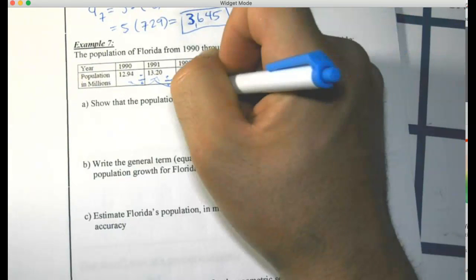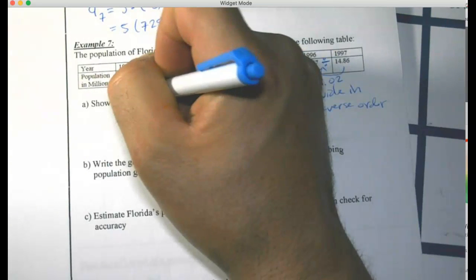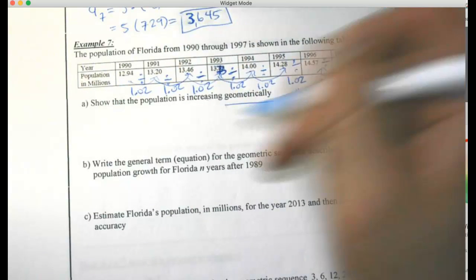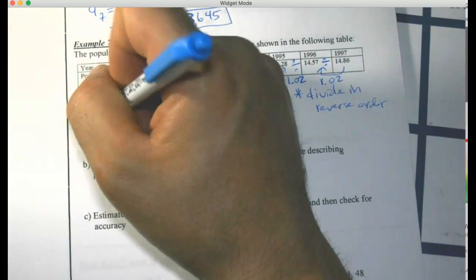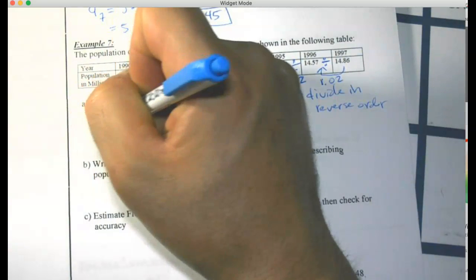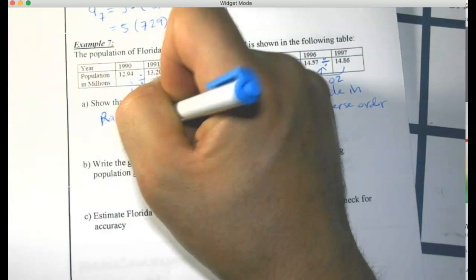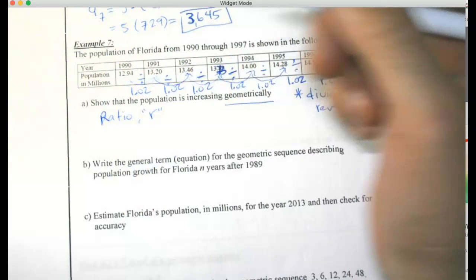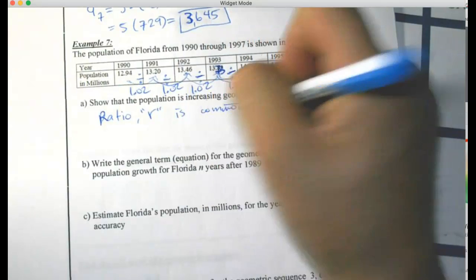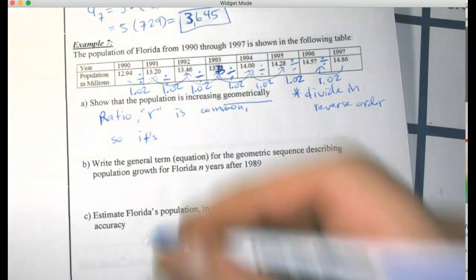So by dividing in reverse order, I was able to see the exact same ratio pop up over and over again, 1.02. That's how I'm showing that this is increasing geometrically. I have a constant ratio r, a common ratio, so it's geometric. If I can show a common ratio of increase or decrease, it's geometric.